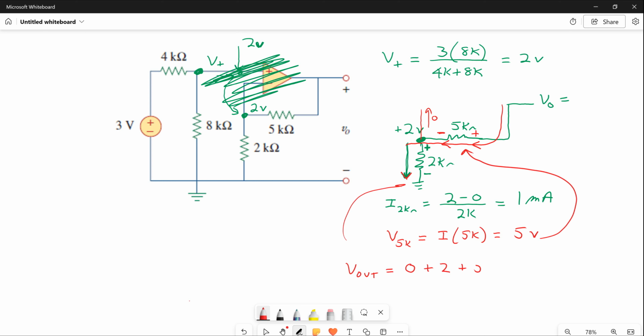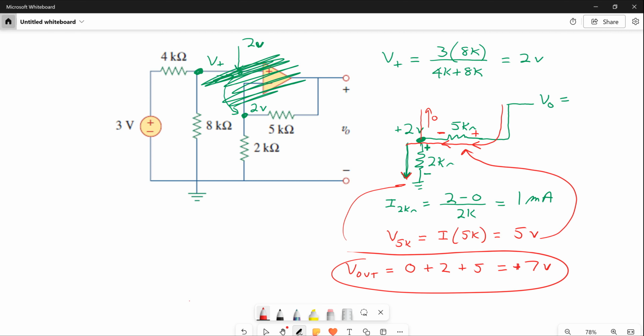Look at the polarity. That's equal to 7 volts. And that's your answer to that problem. And I think you could see that if you take your 2 volts times a gain of 1 plus RF over R1, you're going to get the same plus 7 volts. But we're not doing it that way. We're doing a projection. So plus 7 volts is your answer.